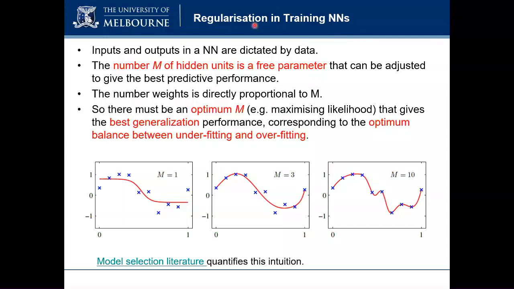So we have the input and output dictated by data. How we train the neural network, we use the supervised data. And for a feed-forward neural network of the setup that I've been discussing, that's more specifically. And while you're training it, we pose it as an optimization problem.